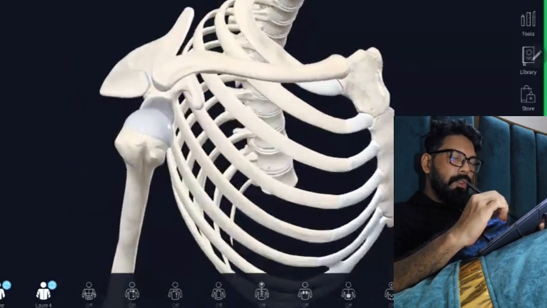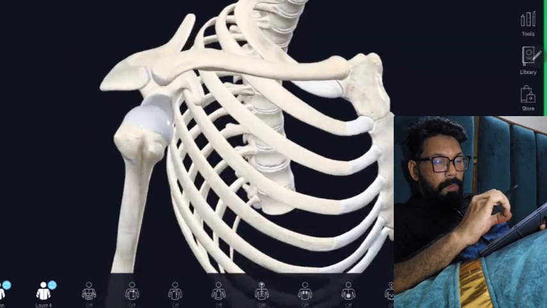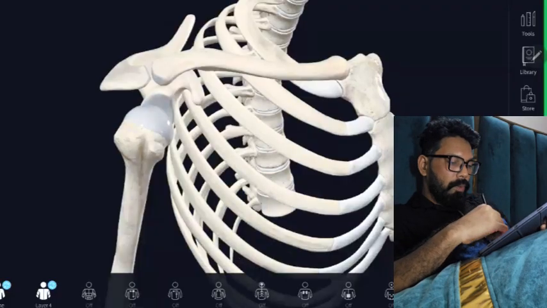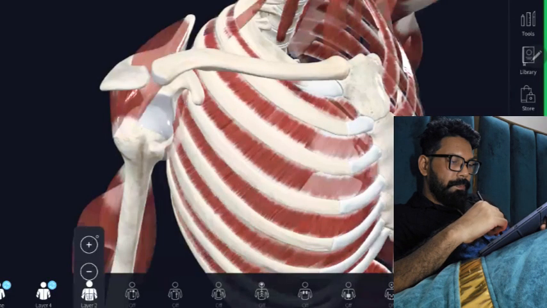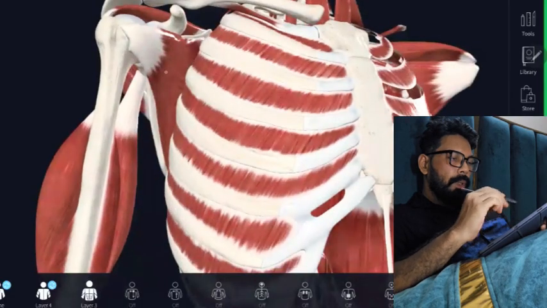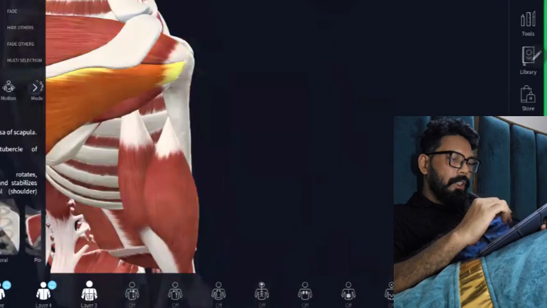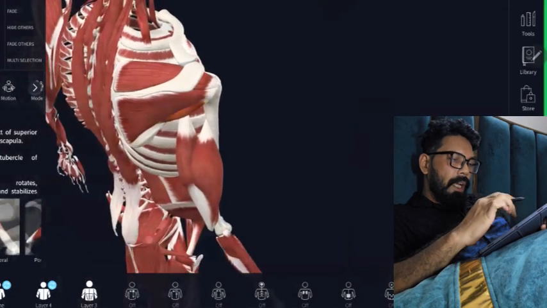So what do we need now? First, I'm going to show you the most important muscle group from the upper limb that you will have questions from. These four muscles: subscapularis, supraspinatus, infraspinatus, teres minor.